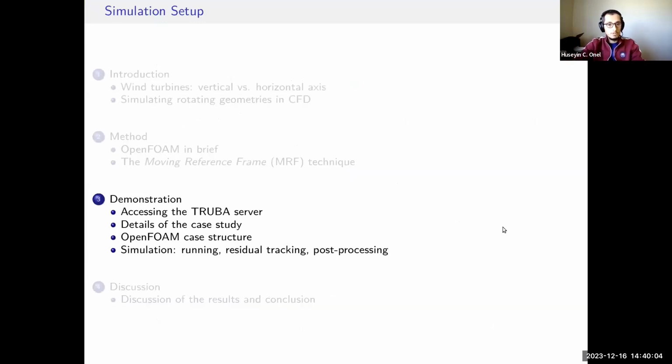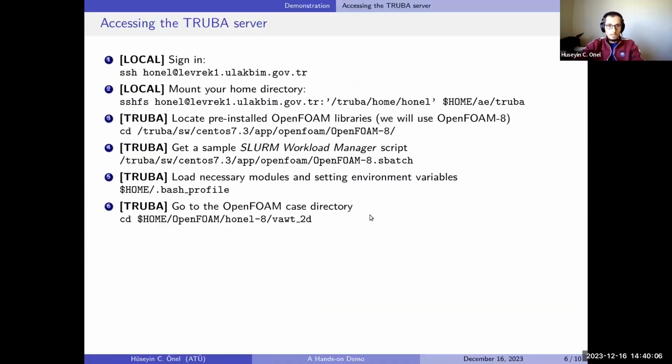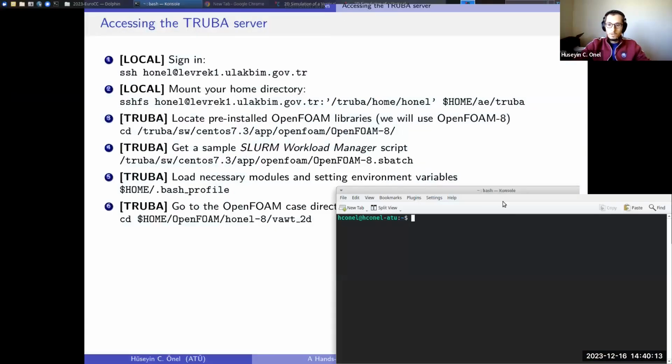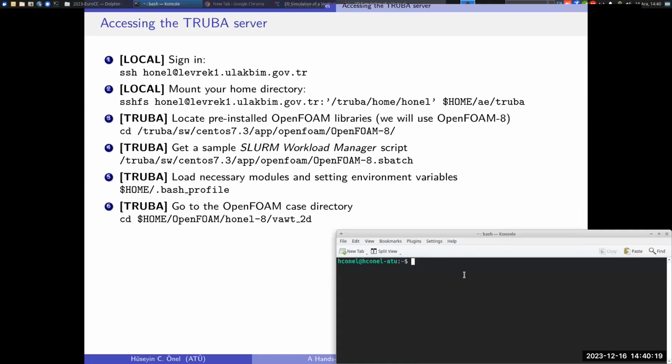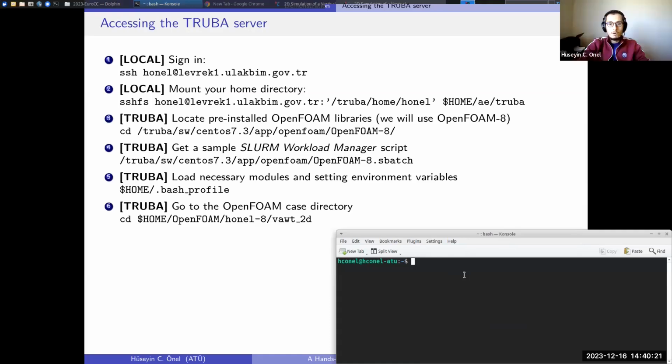Okay, so let's move on to the simulation demonstration. I would like to open up my terminal here. Can you see my terminal, hopefully? Yes. So we can connect to the Truba server. I'm on Linux, by the way, but it doesn't matter. It should be similar in Windows or Mac, I guess.